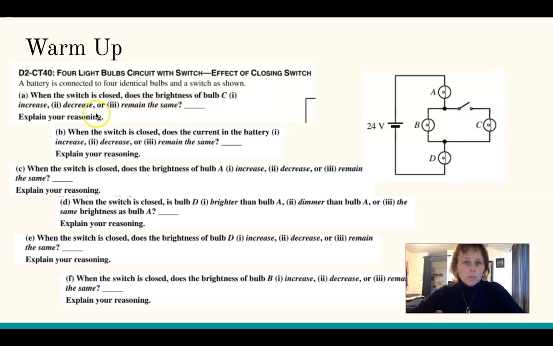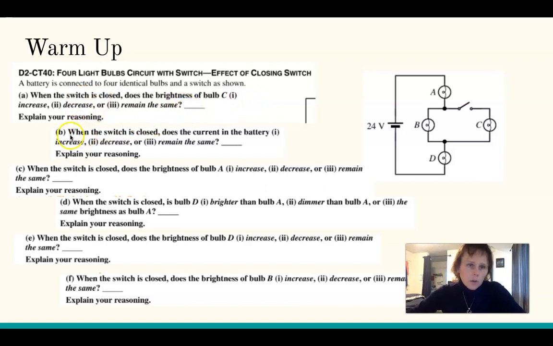And it's an easy question because when the switch is open, there is no current going through the bulb C, which means the bulb C is not on. When the switch is closed, the bulb is on. Yes, the brightness will increase. That was an easy one.